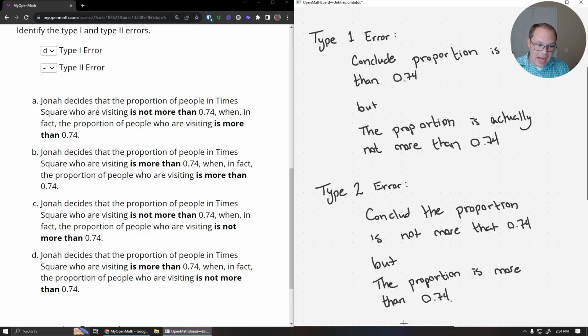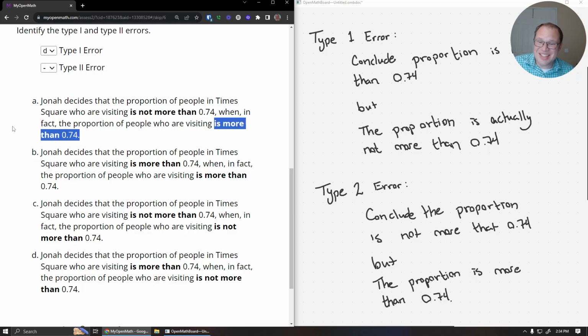That would be a type 2 error. Okay? And that's exactly what option A is over here. Jonah concludes that the proportion is not more than 0.74, but actually he got it wrong. The proportion is actually more than 0.74. He rejected, or he did not accept the alternative. In fact, the alternative is true. So A is a type 2 error.